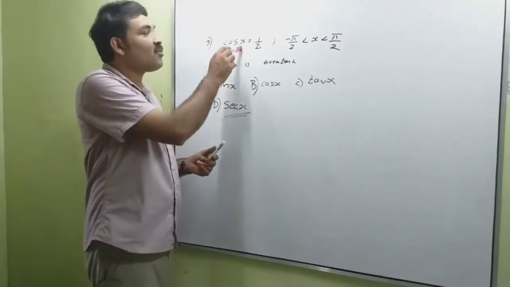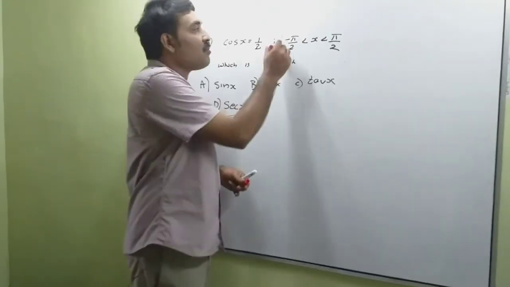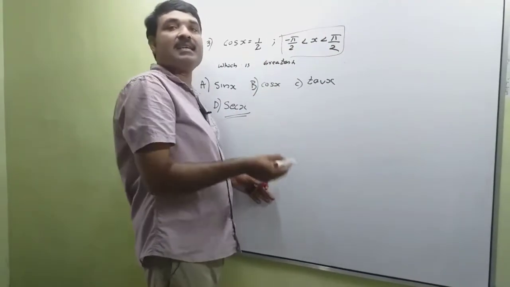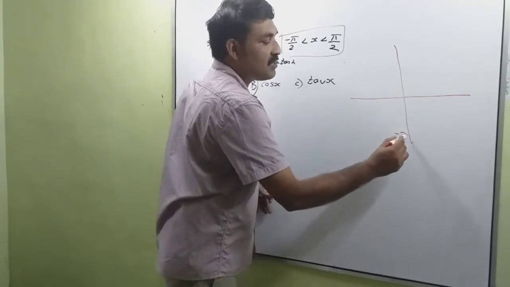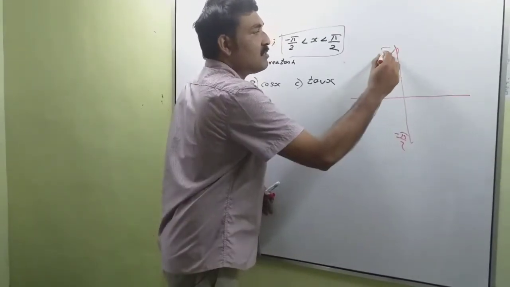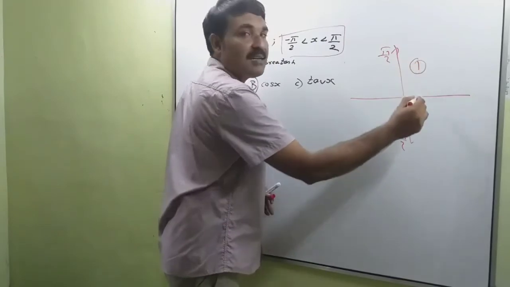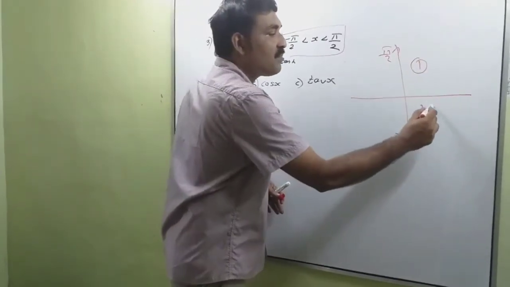Okay, they are given cos x is equal to 1 by 2. So minus pi by 2 less than x less than pi by 2 means x is lying in minus pi by 2 to plus pi by 2. So the angle is lying either in first quadrant or in fourth quadrant.